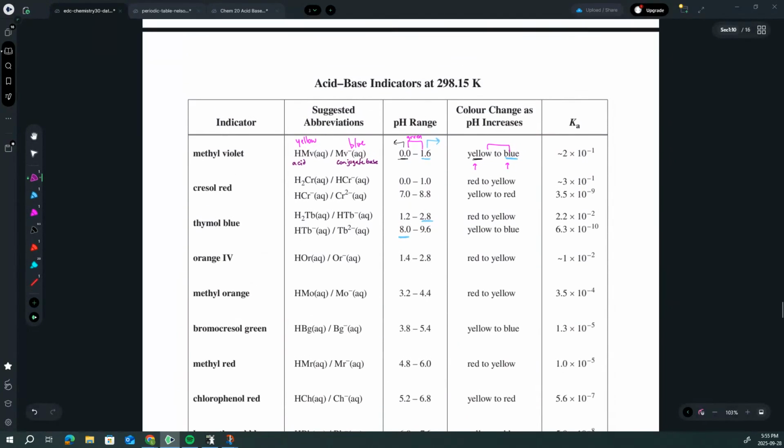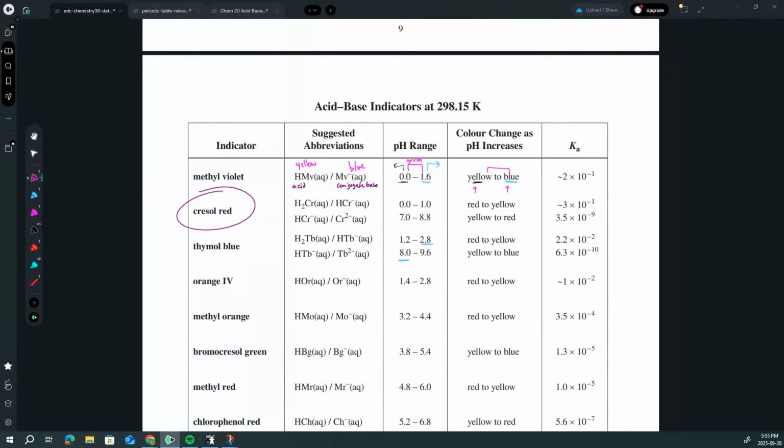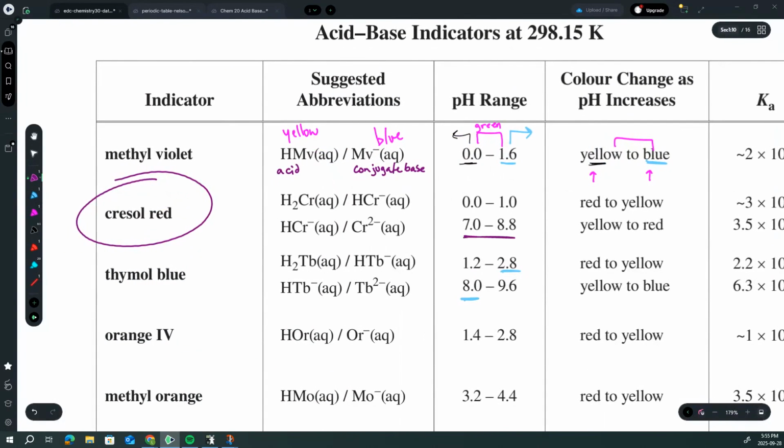A better one would be Cresol red, because an endpoint pH of 8, 8.3 is definitely in the middle of this range. So we could use Cresol red, or we could use Thymol blue if we're saying that our endpoint pH is 8.3. I'm going to stick with Cresol red though, just to have one indicator to use.